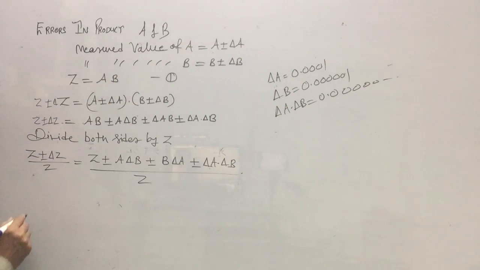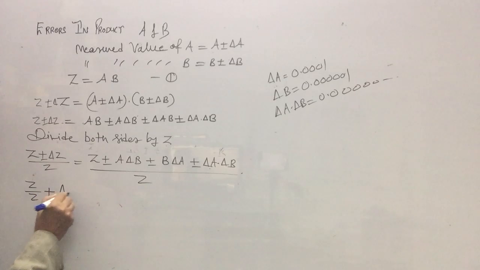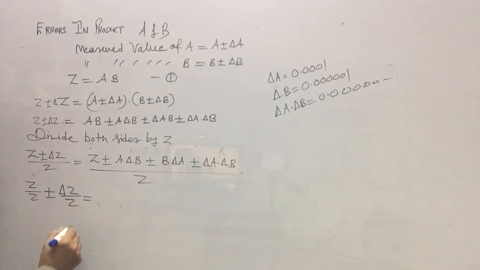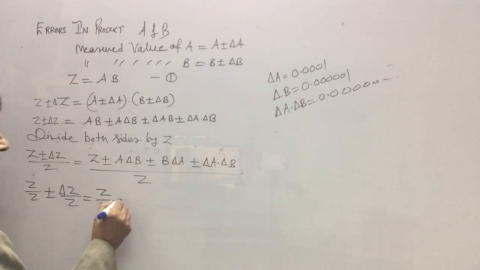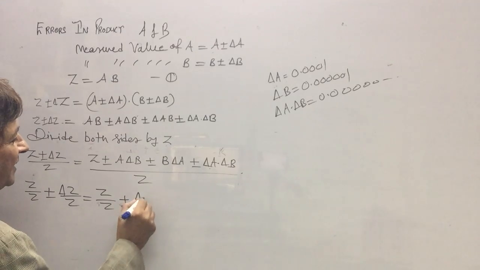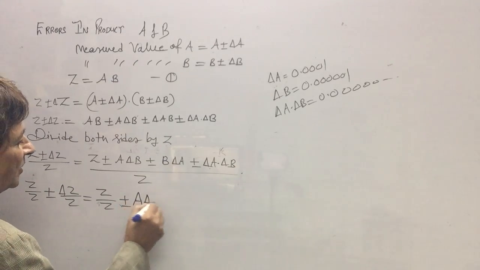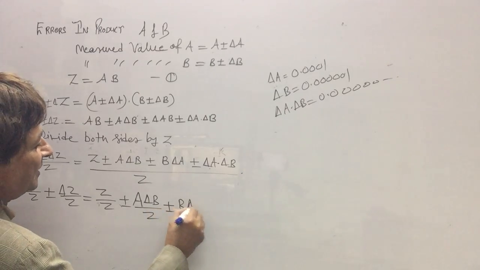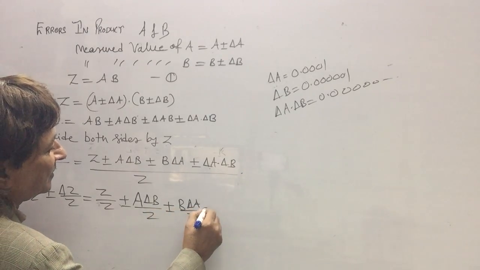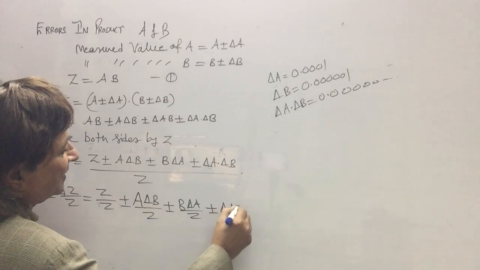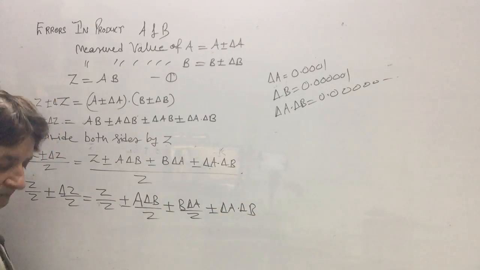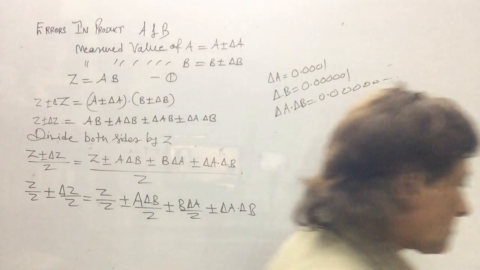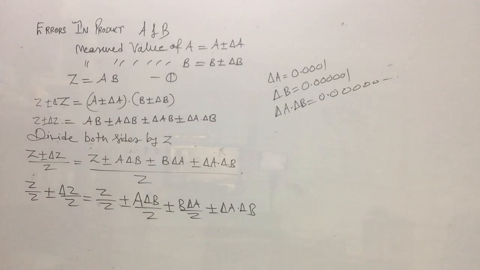So, what is this now? Z upon Z plus minus delta Z upon Z equals Z upon Z plus minus A delta B upon Z plus minus B delta A upon Z plus minus delta A delta B. Correct?